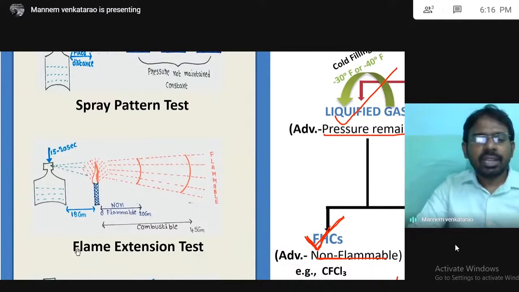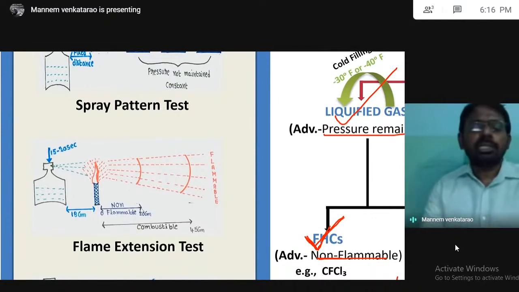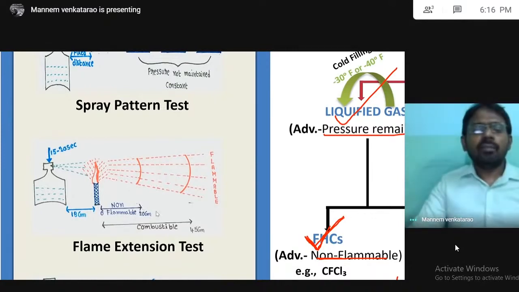That's why the name itself indicates a flame extension test, a test used to measure the extension of flame, the spreading of flame from the candle. If it is 20 centimeter, non-flammable; 45 centimeter, combustible; greater than 45 centimeter, flammable.